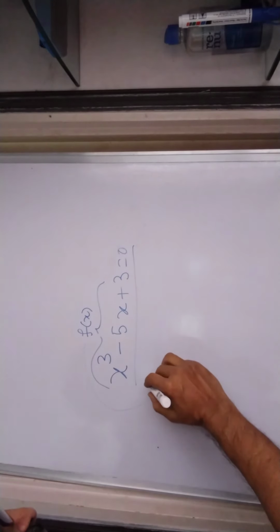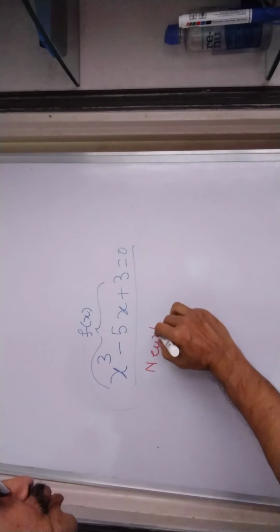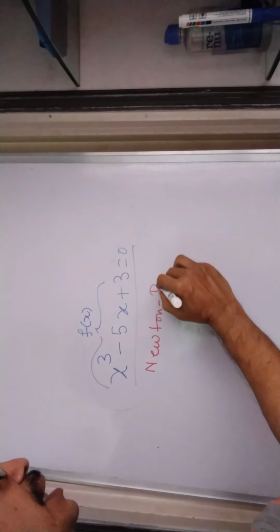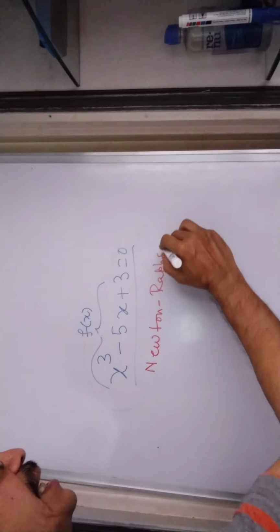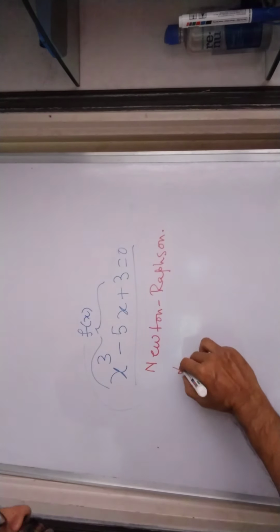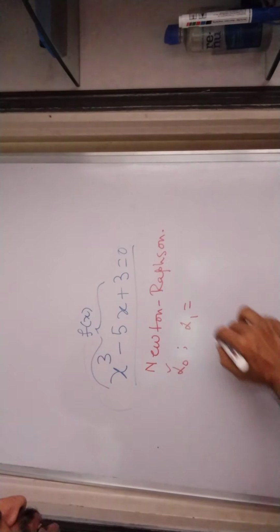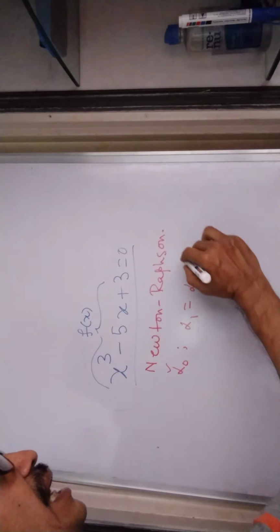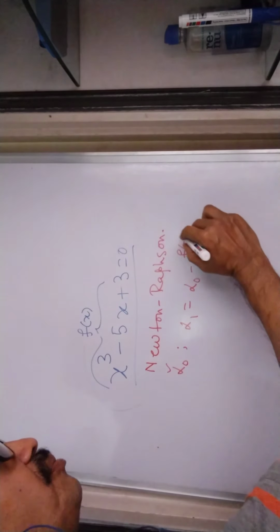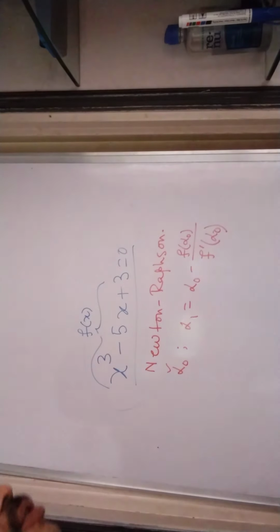Just remember that in the Newton-Raphson method, we initially fix an approximated value of the root of this equation to be alpha naught, and then we correct this initial approximation alpha naught with the formula f of alpha naught by f prime alpha naught. Okay. So, this is the formula of Newton-Raphson method.